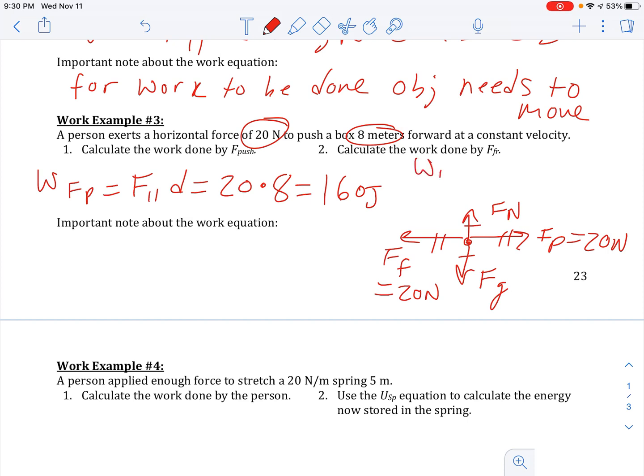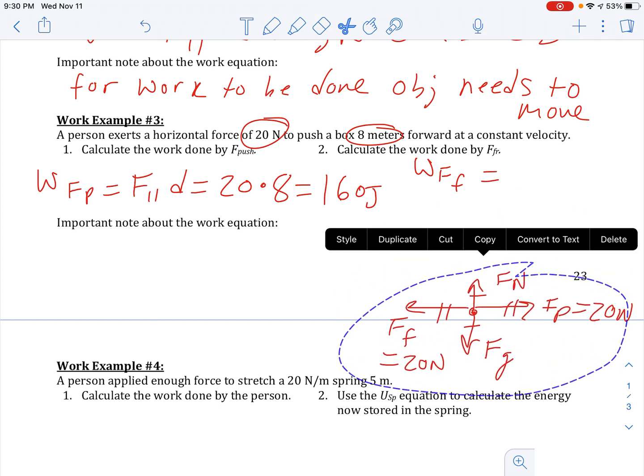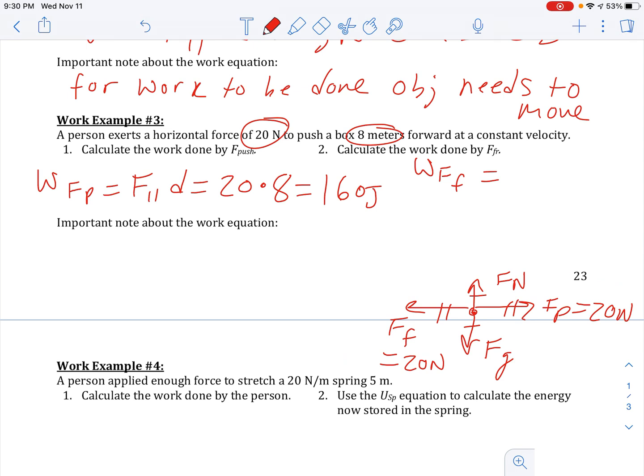So work of force friction equals force parallel times displacement. Now here's the thing. The displacement points to the right, but the force of friction points to the left. And so what that means is they're what we might call anti-parallel, right?